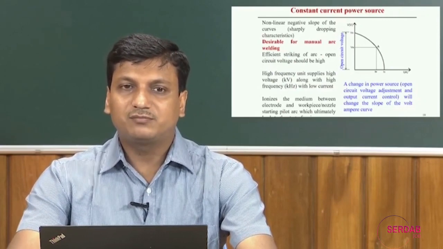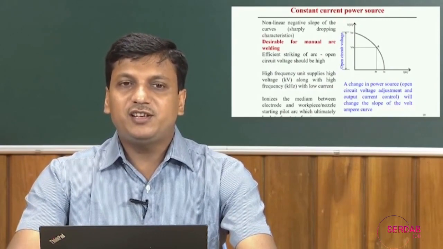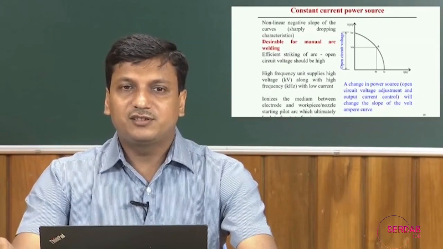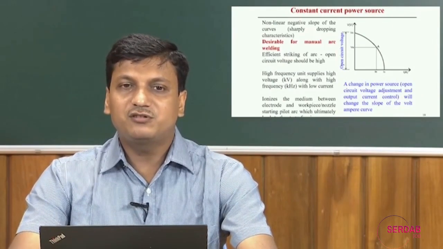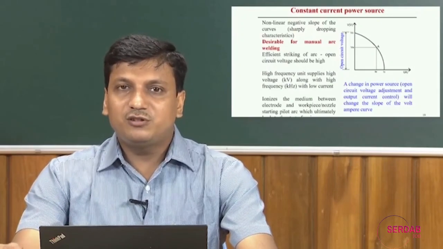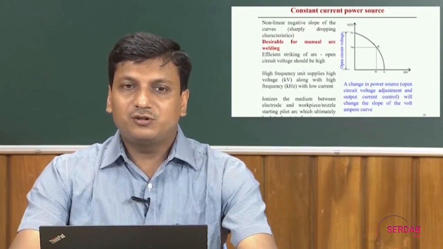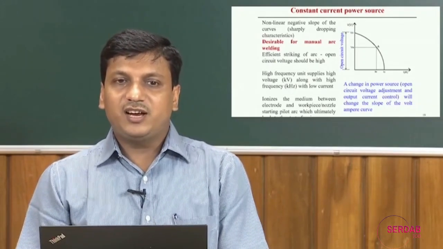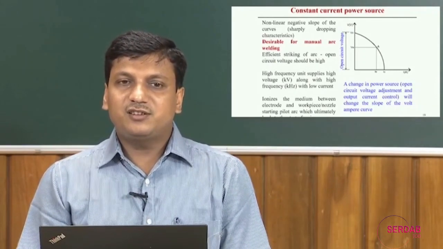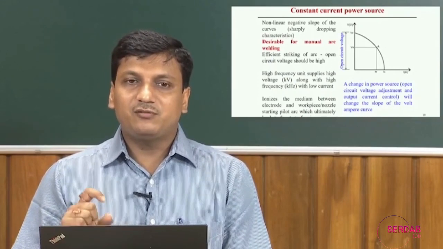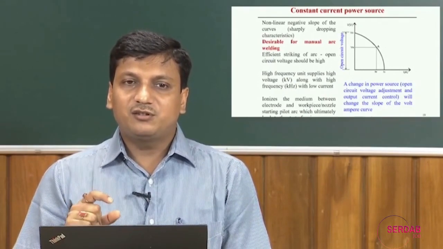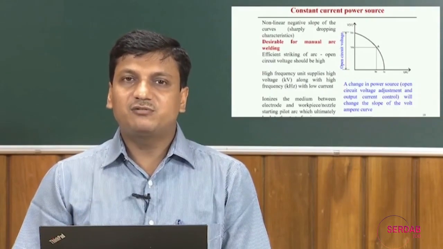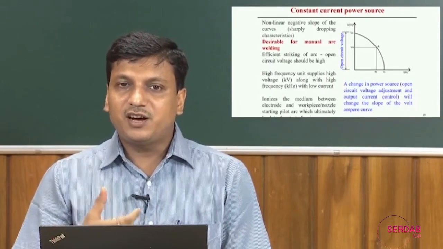Now, if we look into that, definitely the high frequency unit supplies the high voltage, along with the high frequency, with low current. So, initially when you try to create the arc, that ionizes the medium between the electrode and the workpiece material, and so it starts the pilot arc, which ultimately leads to the start of the main arc.